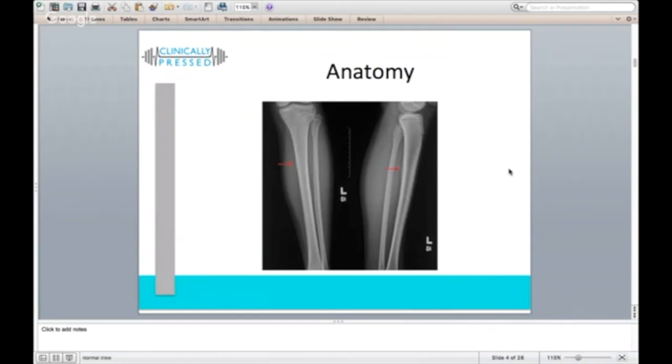So this next one is looking at when we start going down the stress injury train of the bone. We've had a lot of conversations amongst ourselves about what a stress fracture is. Do we call it a stress fracture? What defines that? Is there an actual fracture line present, or are we just referencing changes in the bone?